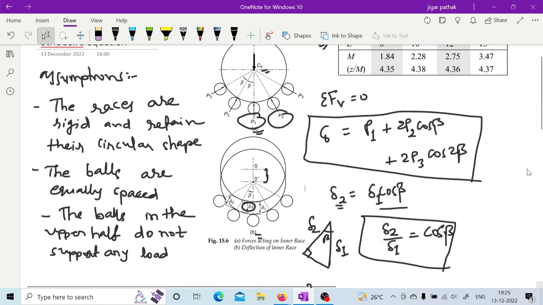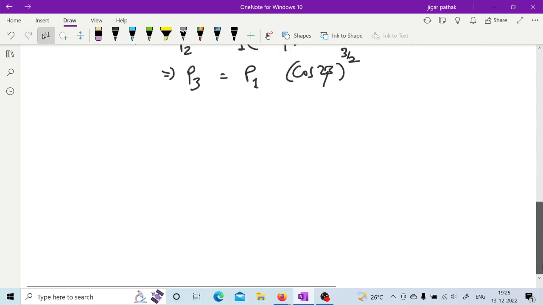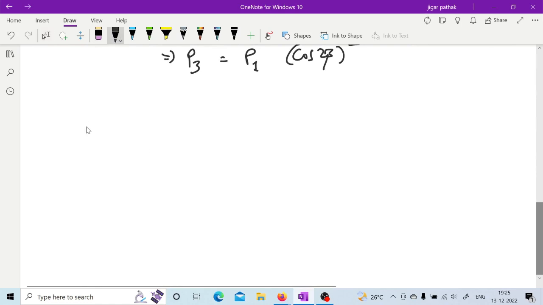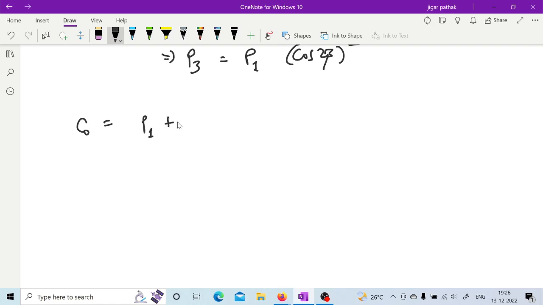So if you put the values of P2 and P3 into this equation, then what we have here is C0 equals P1 plus 2 P1 cos beta raised to 3 by 2, into cos beta, because it was 2 P2 cos beta, right?